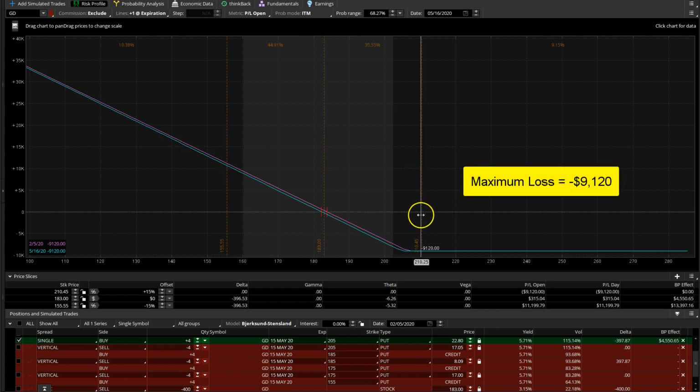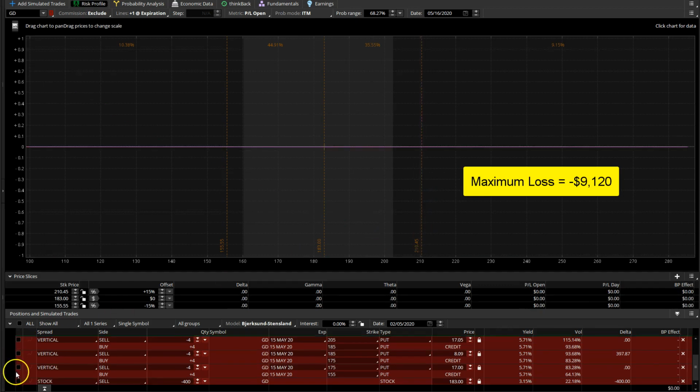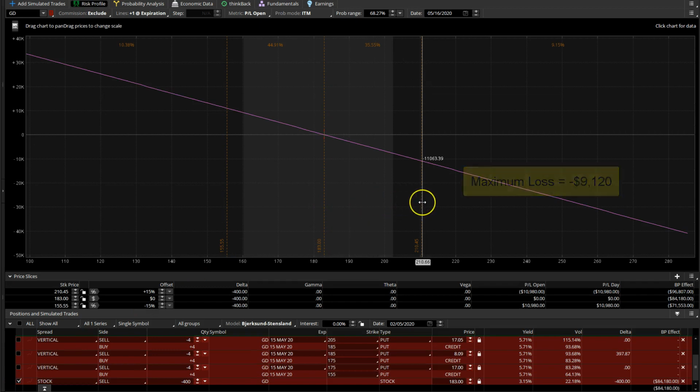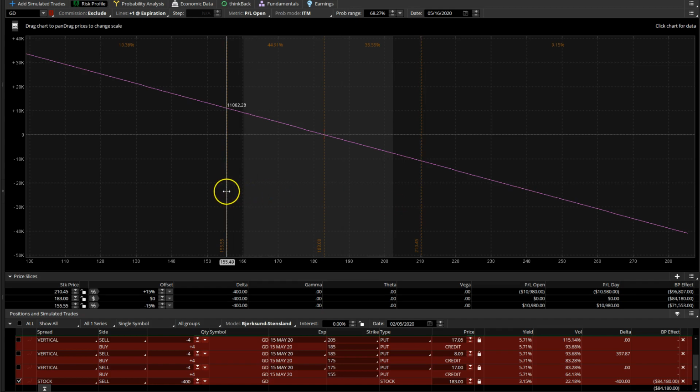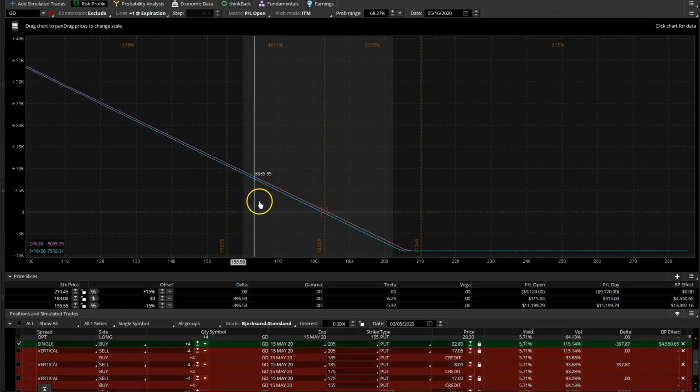So again, with that same movement, when I went with the stock, I would be losing $11,000 and winning around the same, around $11,000 too. And in this trade, if I lose, I will be losing $9,000.